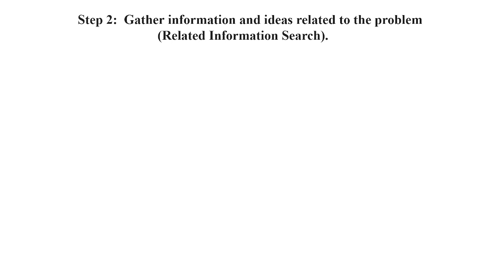Now, step two is gathering information and ideas related to the problem. Step one is identify the problem, like when you want to solve a problem in the community. Then after that, you gather information and ideas related to the problem.